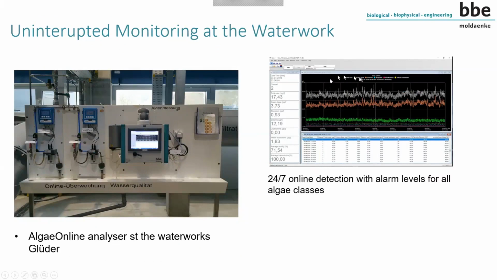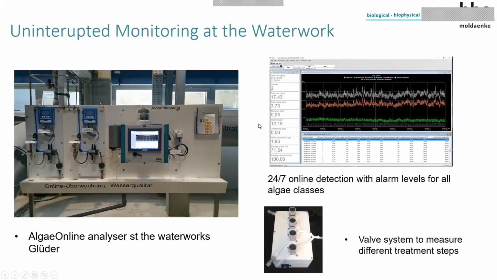You see the values in this graph. It's 24/7 online detection with alarm levels for all algae classes. You can set an alarm if the cyanobacteria are getting too big. And they also have a valve system, a little pump, and then a valve system to measure different treatment steps.